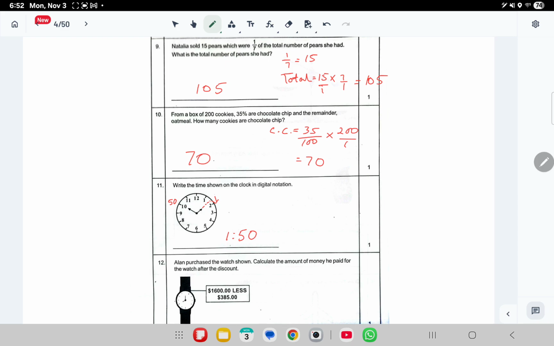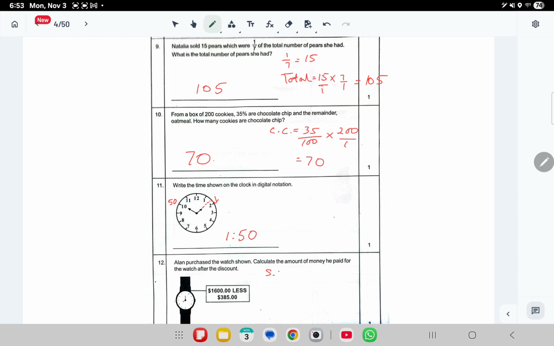Alan purchased the watch shown. Calculate the amount of money he paid for the watch after the discount. So whenever I have to solve for the selling price, when given a discount, you subtract the discount.